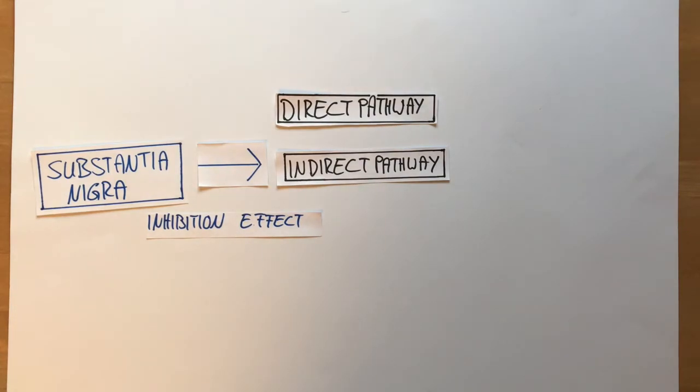But due to the death of the dopaminergic neurons, this inhibition effect is not there. So the loss of the nigrostriatal dopaminergic pathway upsets the fine balance of excitation and inhibition in the basal ganglia.